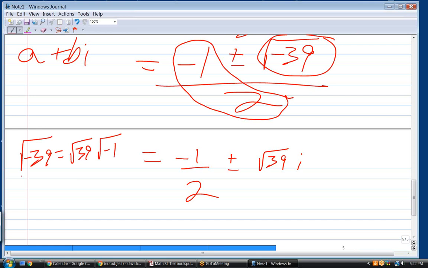That's always your first step. And the square root of 39 is simplified. I can't reduce that. But I can change square root of minus 1 to i. So that becomes square root of 39 times i.